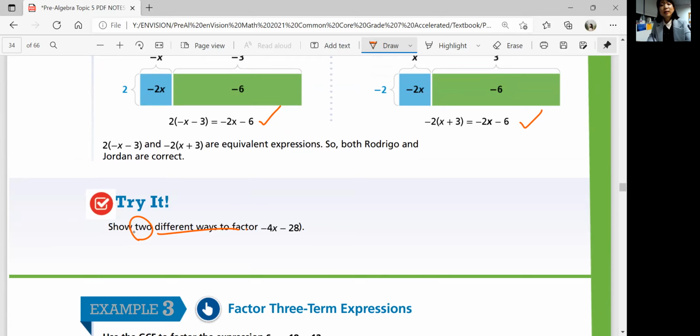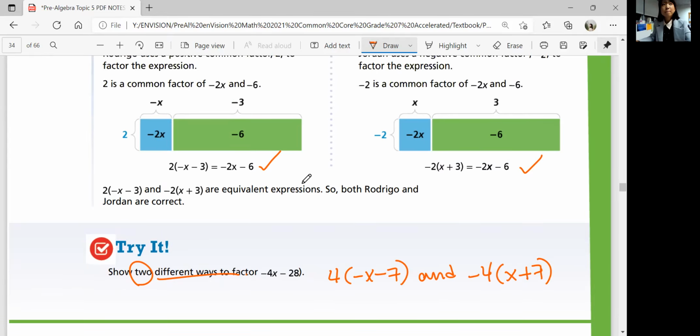So 4 and 28 has the greatest common factor of 4. So you should have 4 times negative x minus 7 for Rodrigo's example. And what about Jordan's way? You can factor out negative 4 and say it's going to leave x plus 7 in the parentheses. Okay.